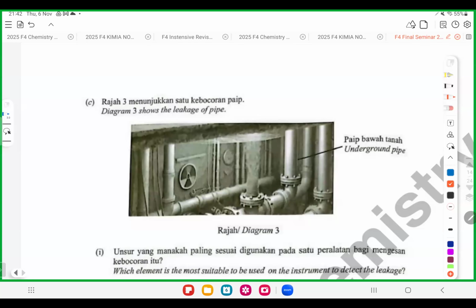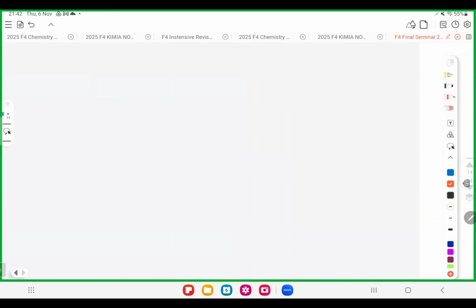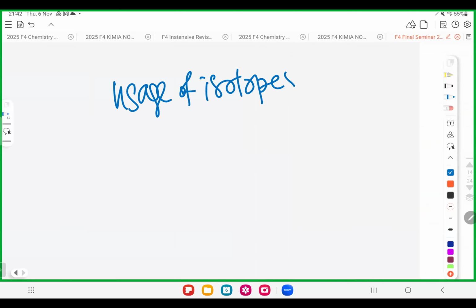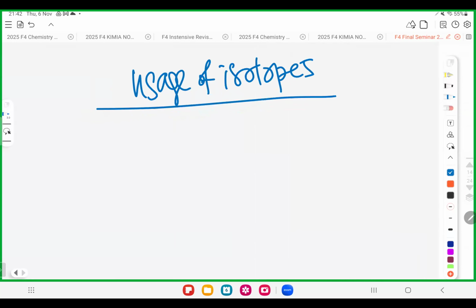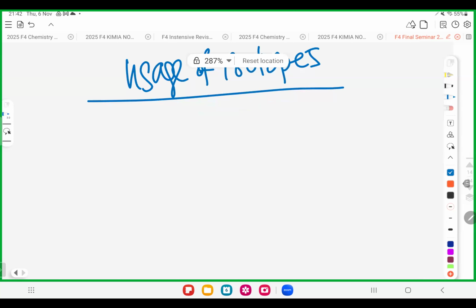Okay, so sodium 24, which is correct. Okay, guys, but be careful with this. When you come to the usage of isotopes, there are a few isotopes you need to know. The first one is called carbon 14. Here you need to put dash.